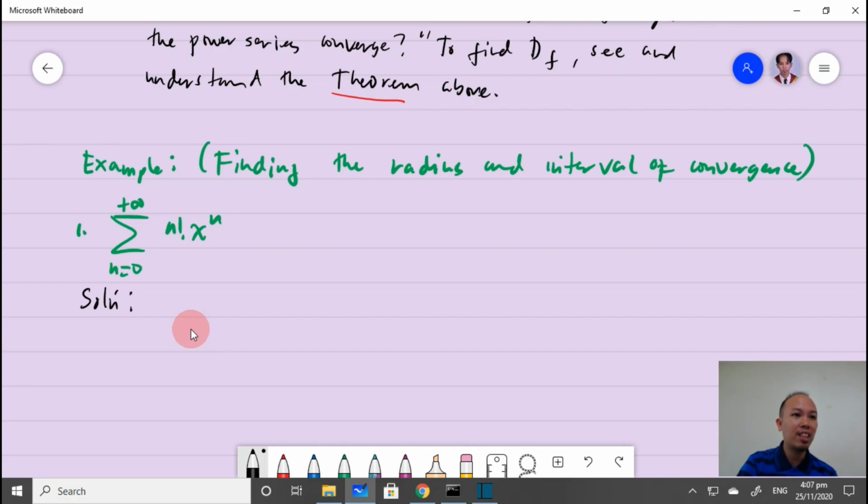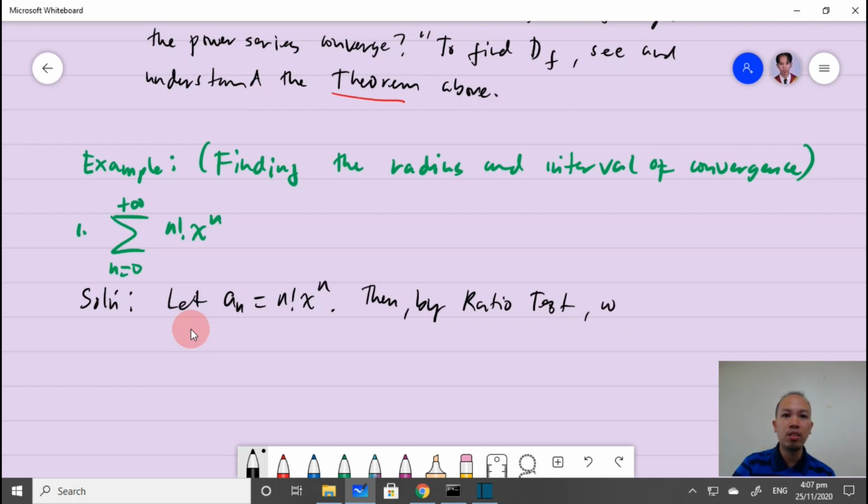Okay, so first we have to let a sub n be equal to n factorial times x to the n. Then by ratio test.